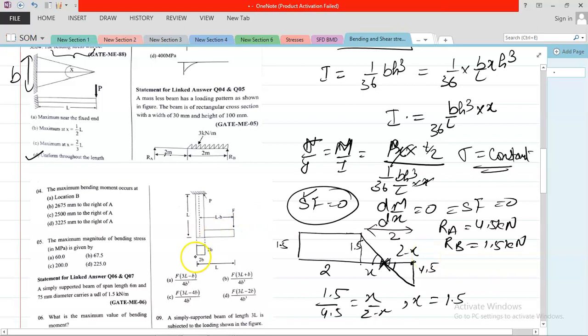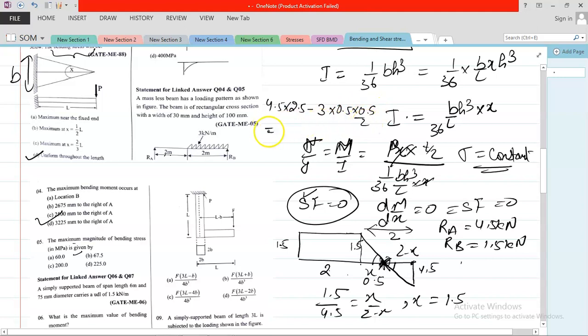So you can say that it is 1.5 meter from B point, or from A you can obtain it as 0.5, so it is 2.5 meter. So this is your answer. And your maximum magnitude of bending moment: at this point you need to find the bending moment. That will be equal to RA, the value is 4.5. So you can simply write 4.5 into 2.5 minus 3 into 0.5 into 0.5 divided by 2.